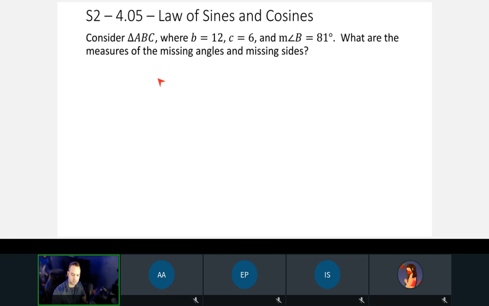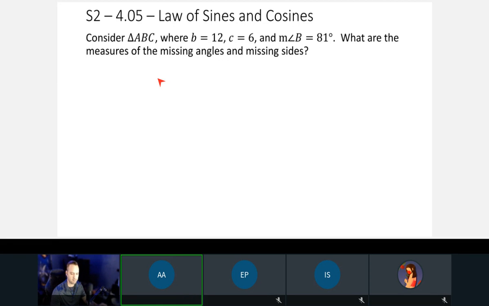So let's do this. It's like a multi-part problem. I'm going to give you 3 minutes, and I want you all to find, let's do the angles first. So find the missing angles first.